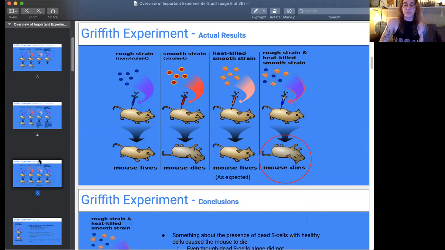Okay, in their actual results, they confirmed that heat killing does work in terms of knocking out virulence, because all of those virulent cells are now dead. However, when we mix those 2 groups together, we're somehow getting this mouse dying.